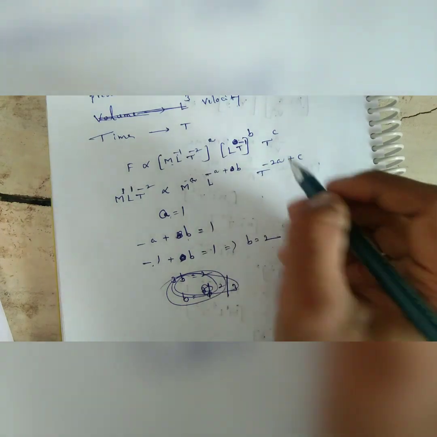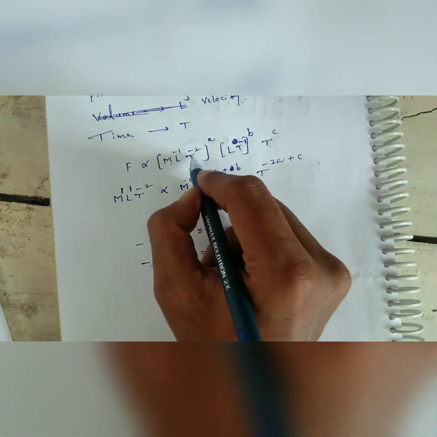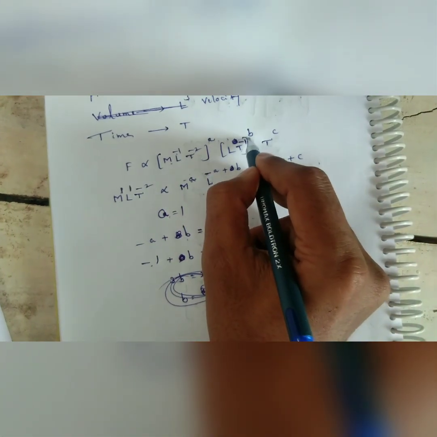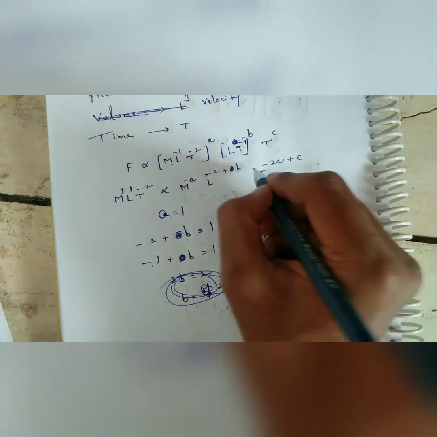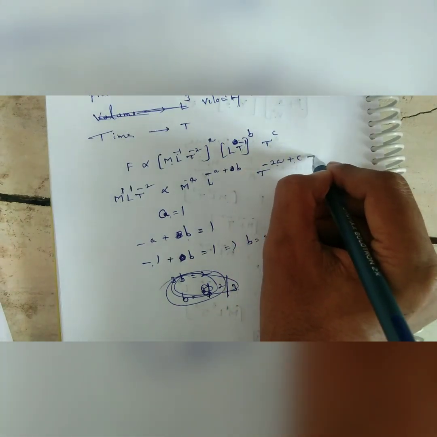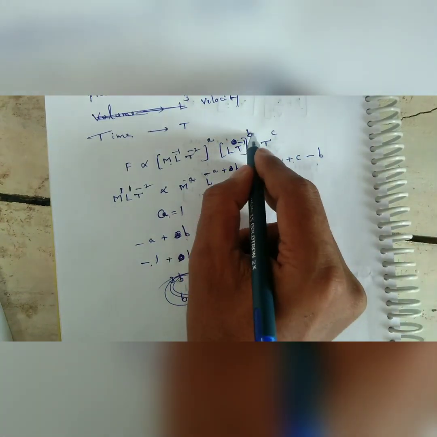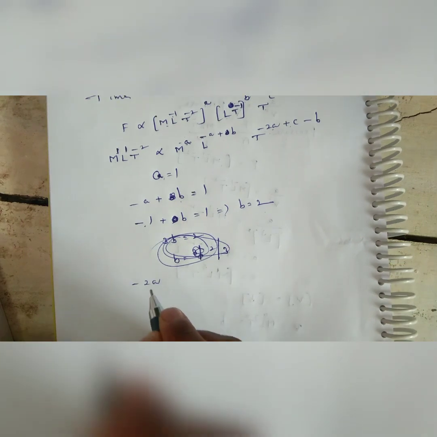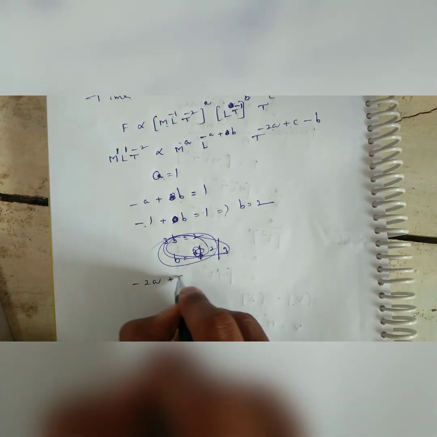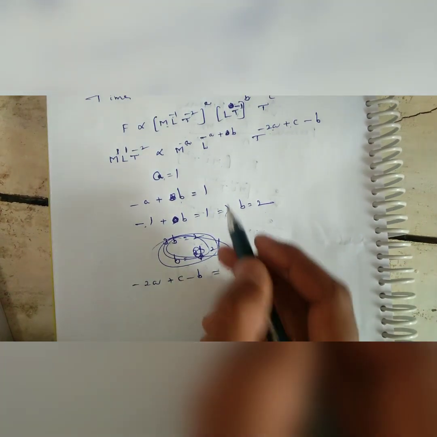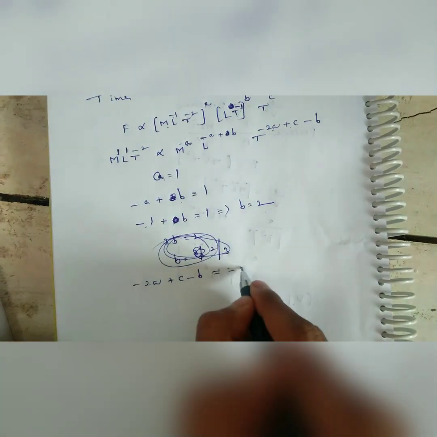Then here T power minus 2A, T power minus B, T power C. So minus 2A plus C, and one more we need to add, minus B also, minus 1 into B. Now substitute minus 2A plus C minus B is equal to minus 2.